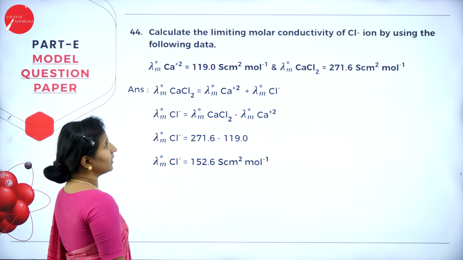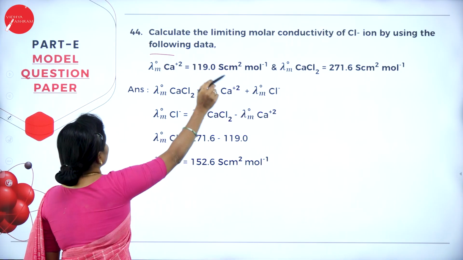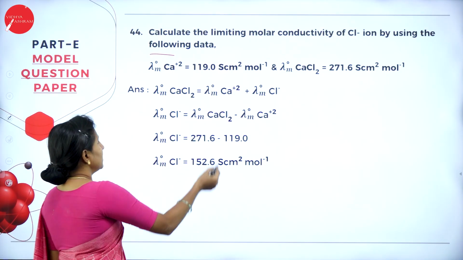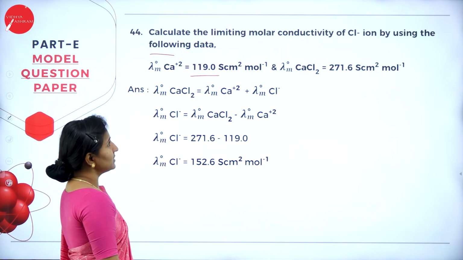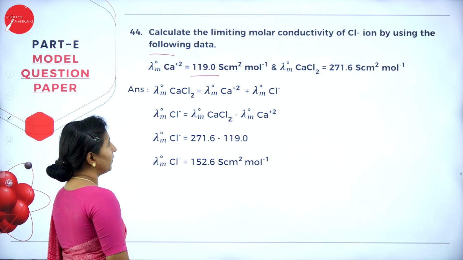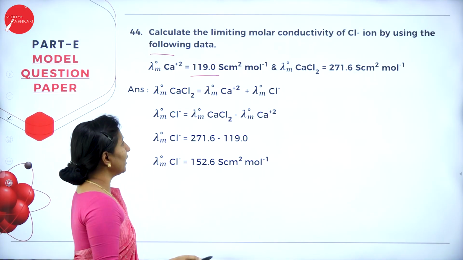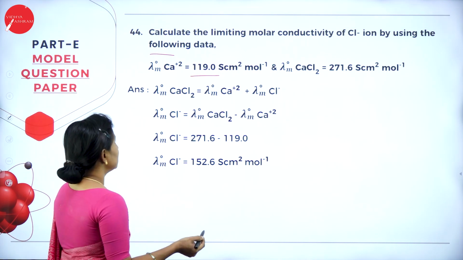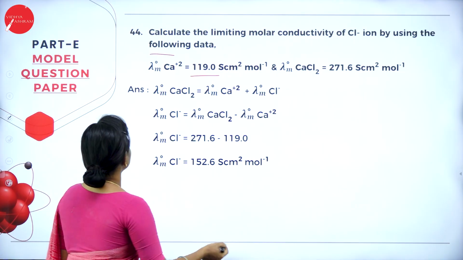Calculate the limiting molar conductivity of Cl minus ion using the following data. Limiting molar conductivity of Ca2+ is 119.0 S cm square per mole, and limiting molar conductivity of calcium chloride is 271.6 S cm square per mole.